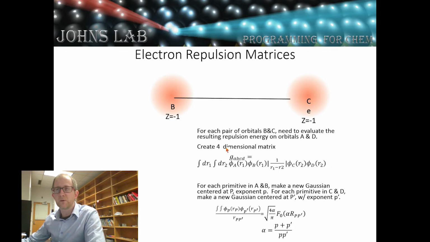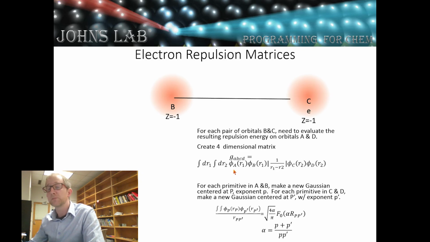We can go through the same arguments we made for our nuclear attraction one, expand them a little bit, and what we get is that for each combination of primitive Gaussian functions A, B, C, and D, we can make a new Gaussian centered at point P with exponent little p, and a new Gaussian centered at point P prime with exponent p prime.